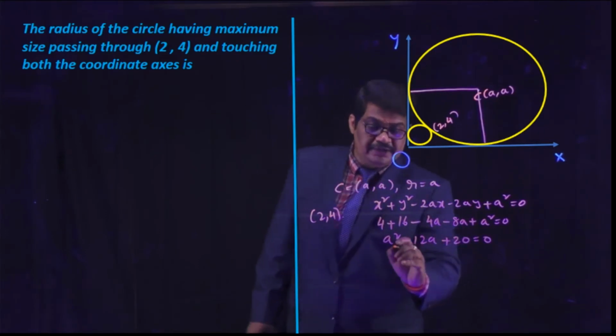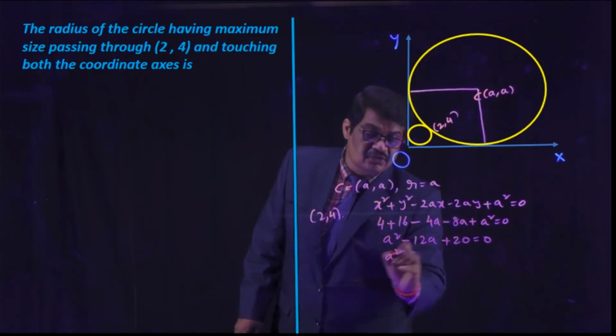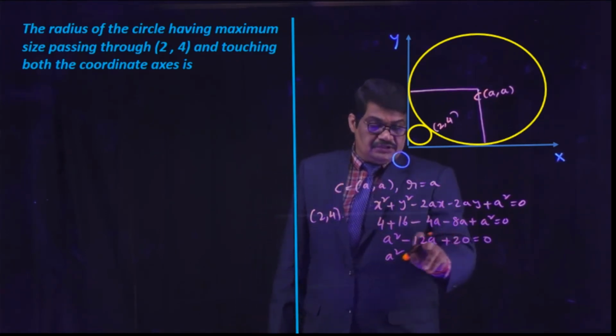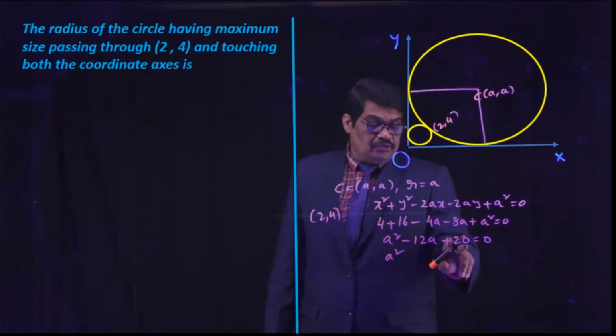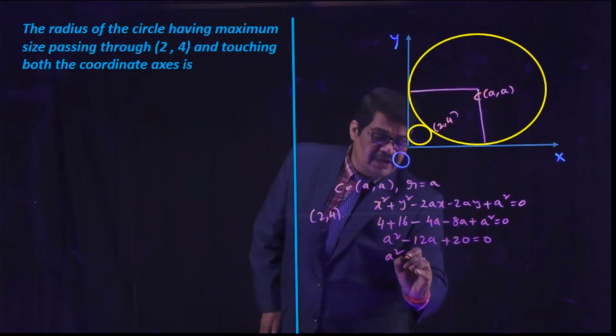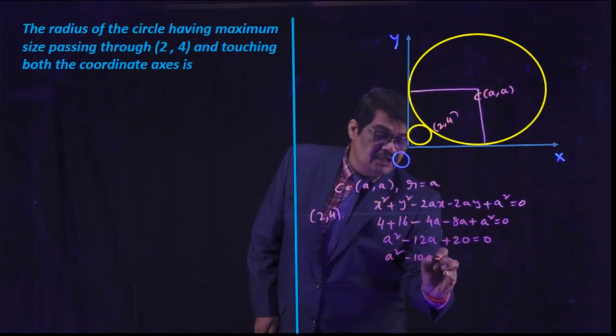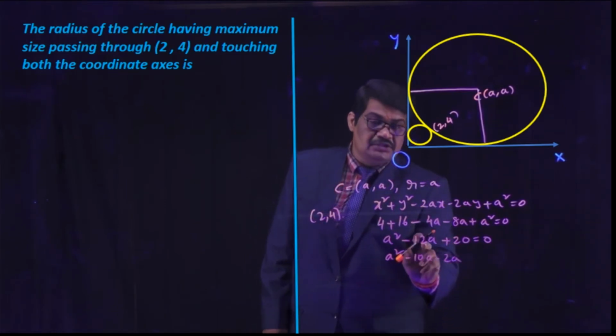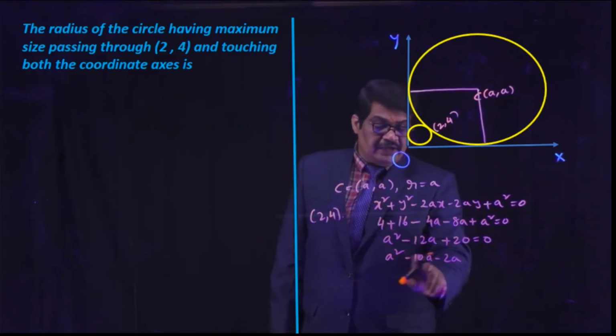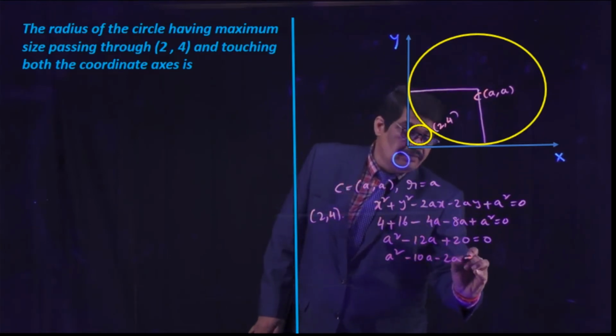Now we are writing factors for this quadratic equation. Here the minus 12a can be written as minus 10a minus 2a, plus 20 is equal to 0.